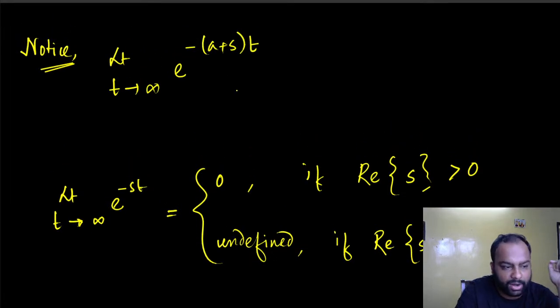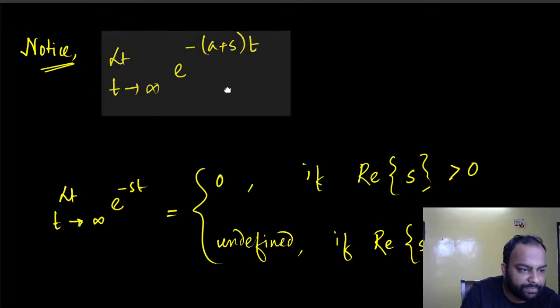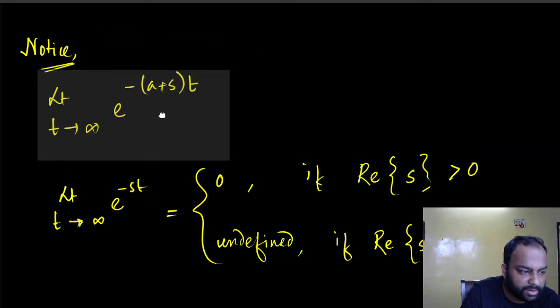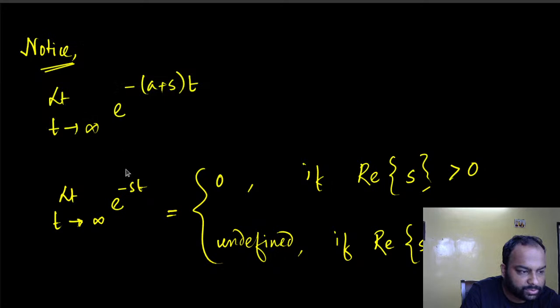Now look at this one. Doesn't it look very familiar? Very similar? So what about this one? Instead of s, we just have a plus s. And since a and s are both complex numbers, they can be added.